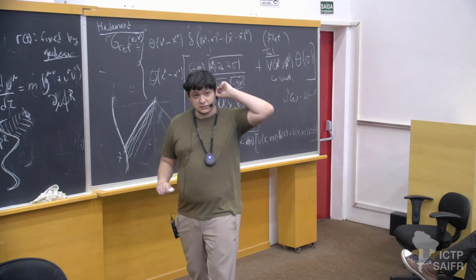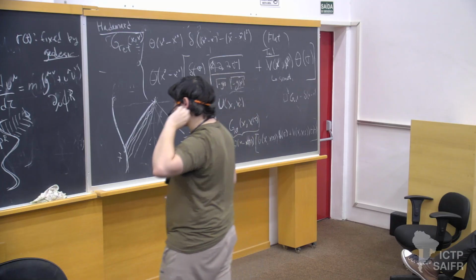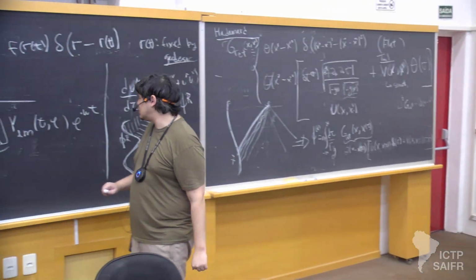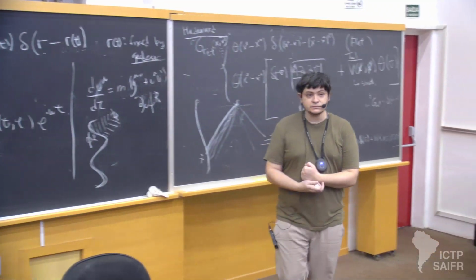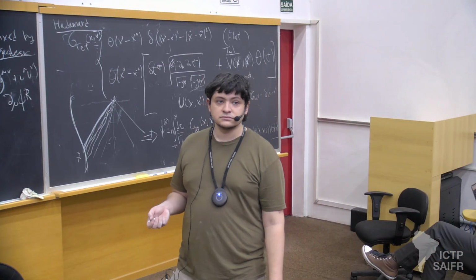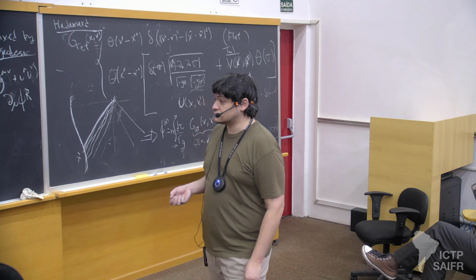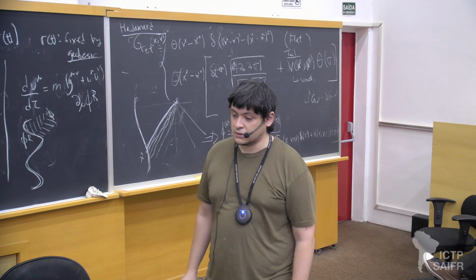Yes, there's a question. So when we are doing the calculation for the radiative part, the U should also be modified, right?